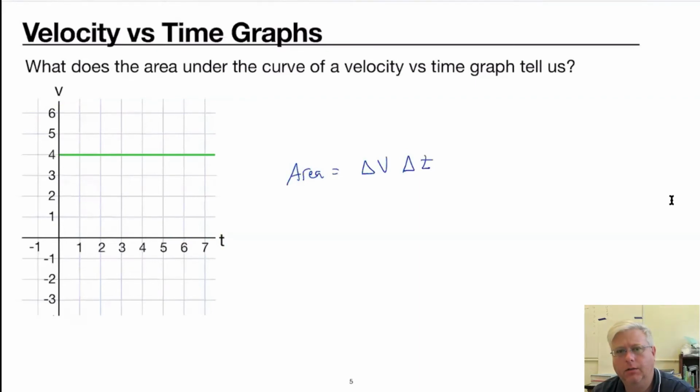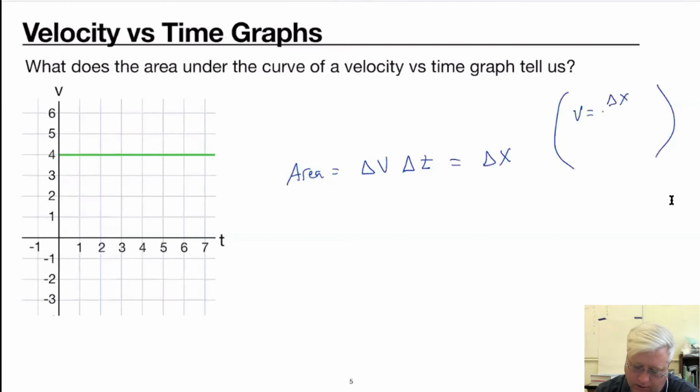What is change in velocity times change in time? Isn't that displacement? Right, so we can look at the velocity equation, which is position or displacement over time interval.